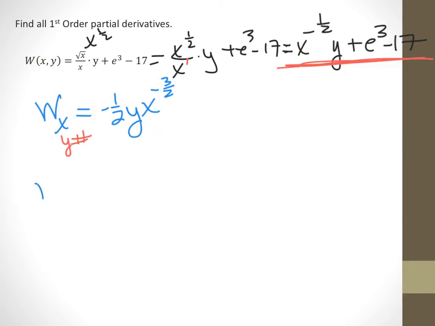Now let's take the partial derivative of w with respect to y, where x is just a number. So go back up here and look again. Y is the variable. X to the negative 1/2 is the coefficient. If you had, say for instance, just 3y, the derivative would be 3, 17y, the derivative would be 17.